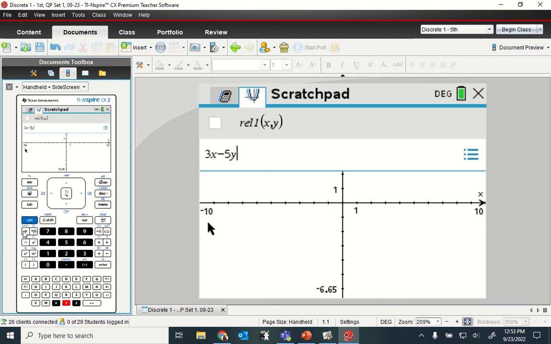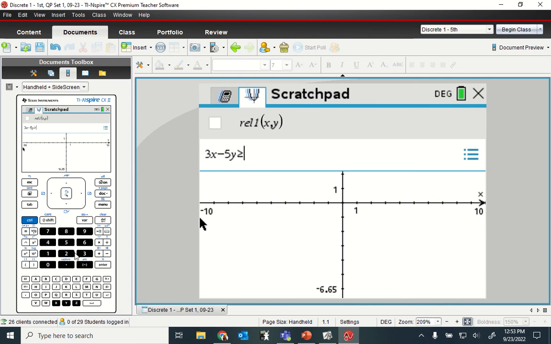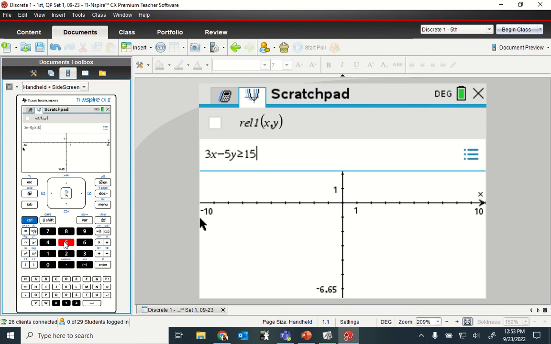Control equal is going to give you the little symbols that you need. So I hit Control equal, and it comes up with the box of everything I could use here for my inequalities. So now, I'm going to pick the correct symbol, and then my number 15. Hit enter.